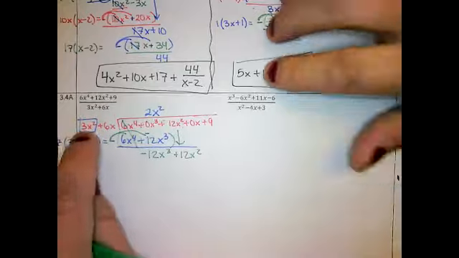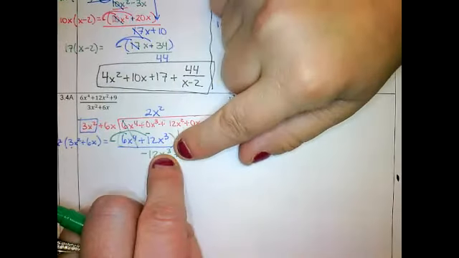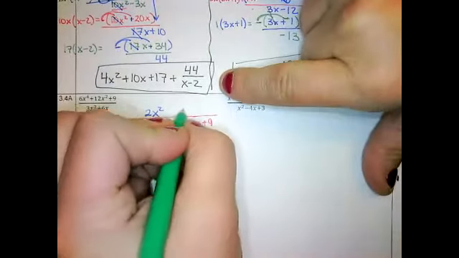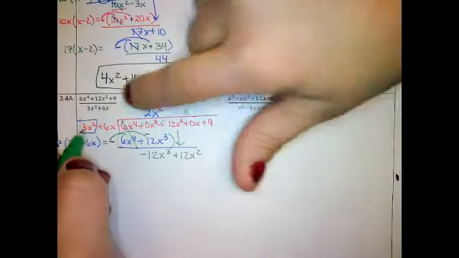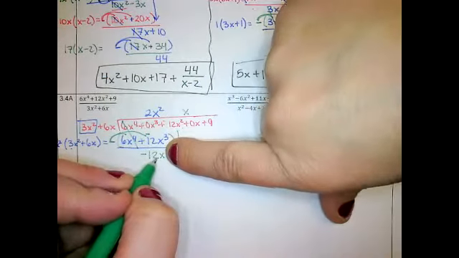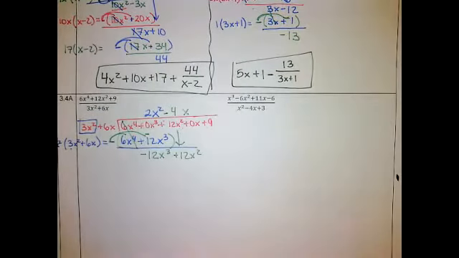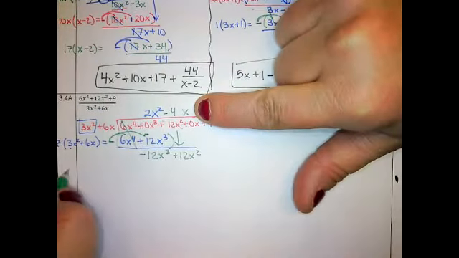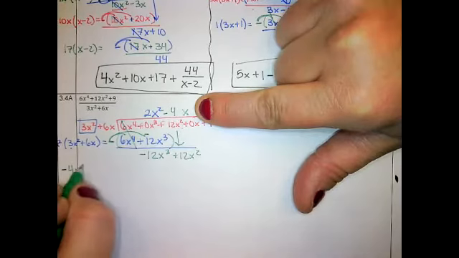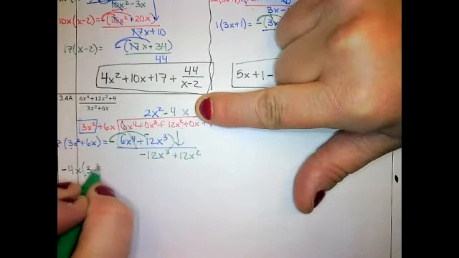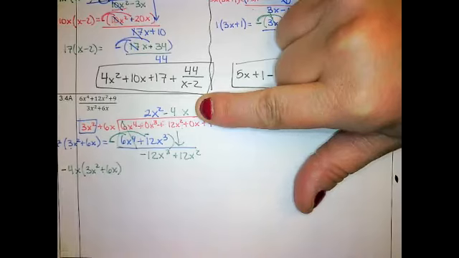So now x squared times what gives me an x to the 3rd? Well, that's an x. And 3 times what gives me negative 12? Well, that's going to be a negative 4. So now I'm going to take this negative 4x and I'm going to multiply it by 3x squared plus 6x.